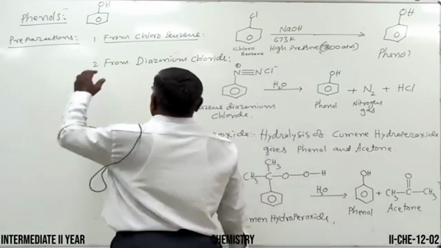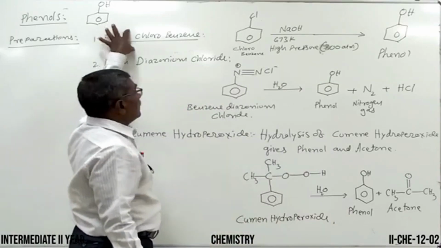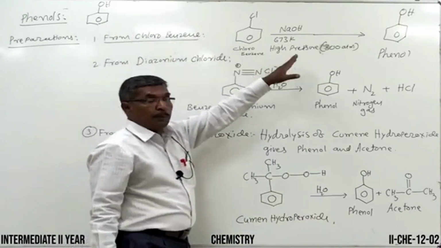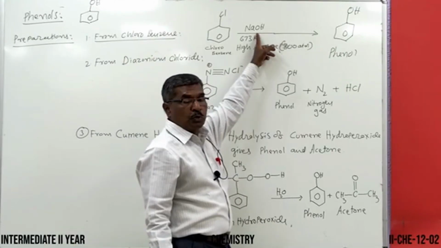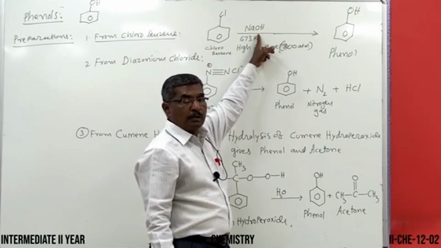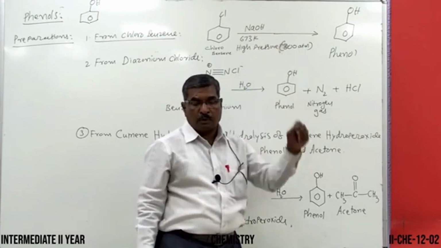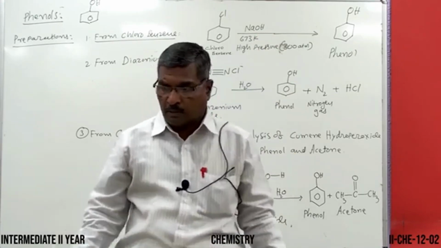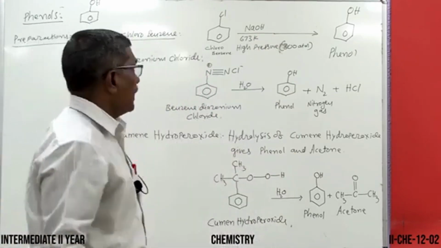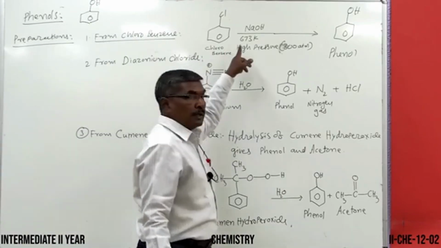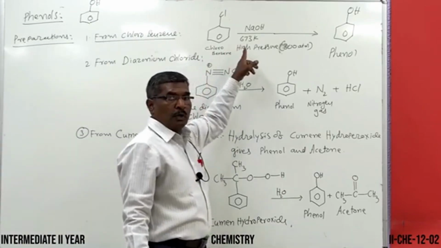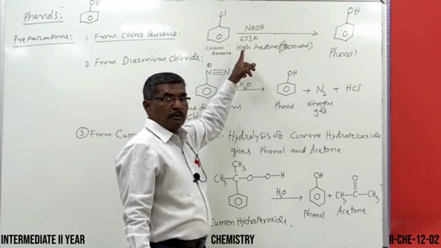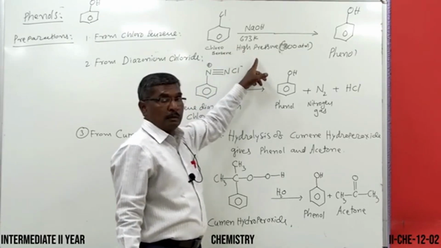So how to prepare phenol from chlorobenzene? Phenol is prepared by the action of highly concentrated sodium hydroxide at high temperature, 673 K, nearly 400 degrees centigrade, and high pressure.